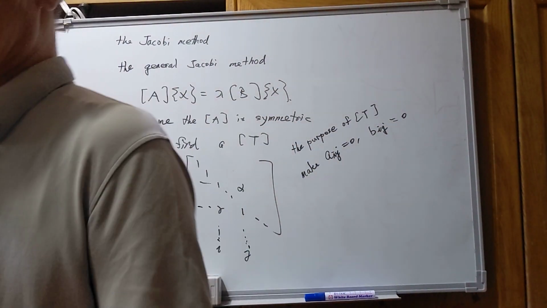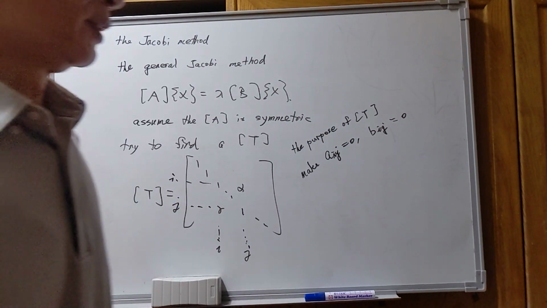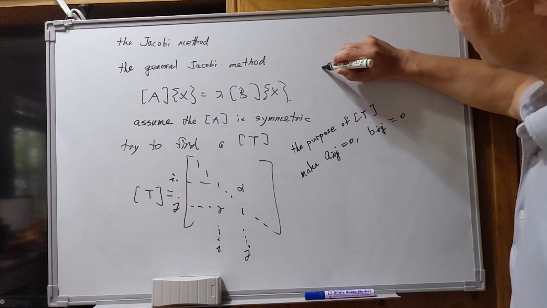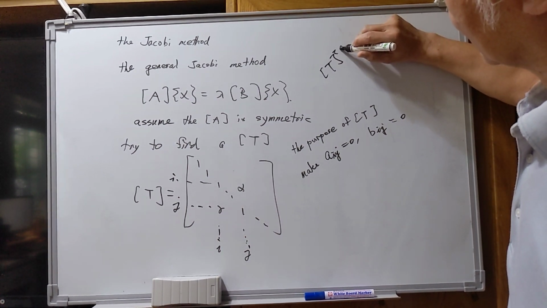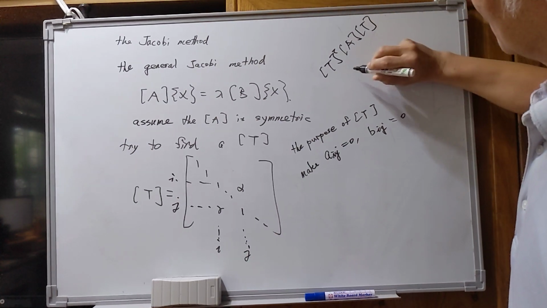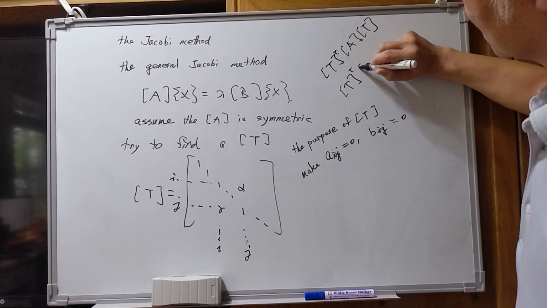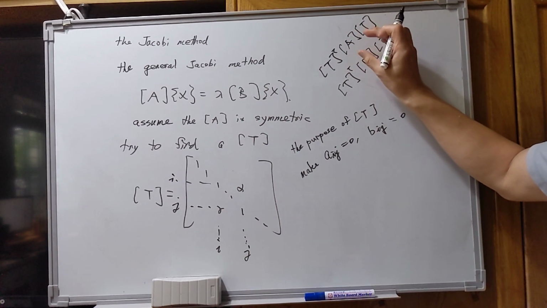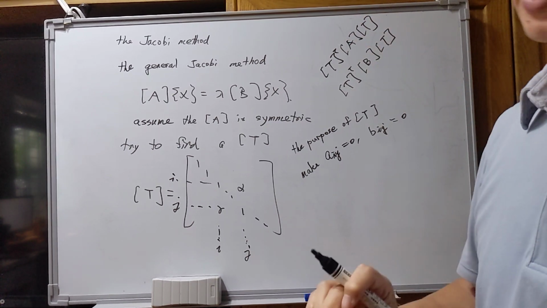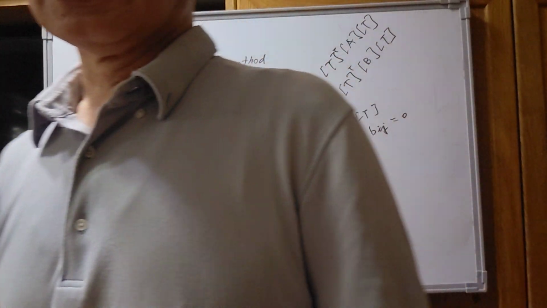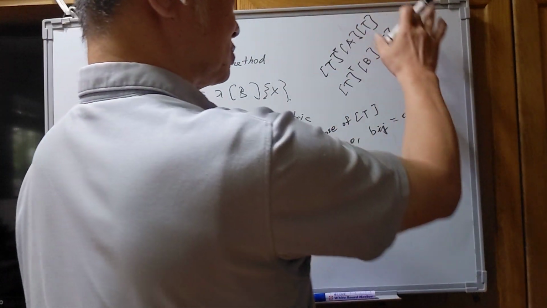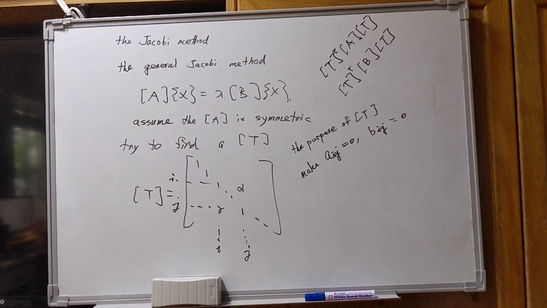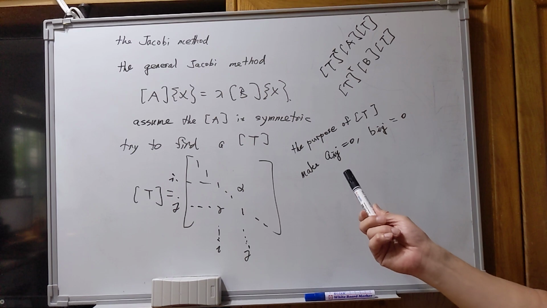So we need to calculate T transpose A T, and also T transpose B T. After we pre-multiply by T transpose and post-multiply by the T matrix for A, and also do the same for B, we would like to get both Aij equal to 0 and Bij equal to 0.